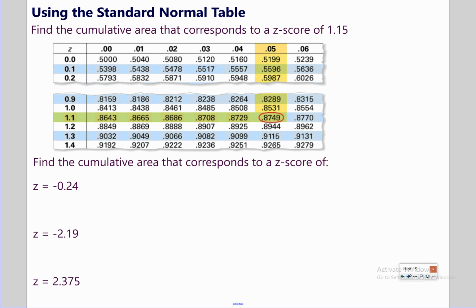Okay, so when we're talking about positive Z values, it means we're going to be on the right of that standard normal curve. If we have a negative Z value, we're on the left of that standard normal curve. What this chart tells you is based on your Z value, what percent of the data is to the left of that Z value.